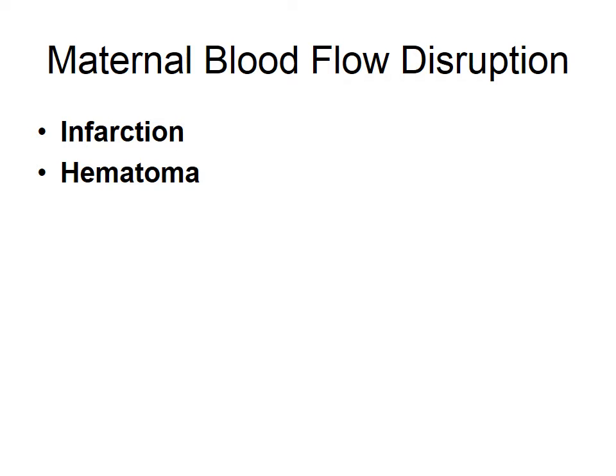Another reason for maternal blood flow disruption is infarction and hematoma. Chorionic villi themselves receive oxygen from maternal circulation supplied to the intervillous space. Any uteroplacental disease that diminishes or obstructs this supply can result in infarction of individual villi.